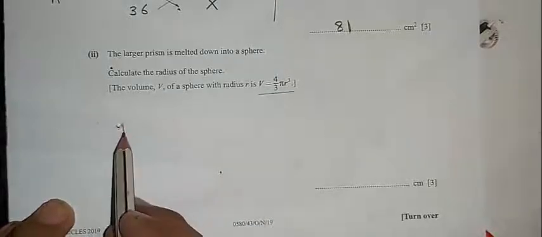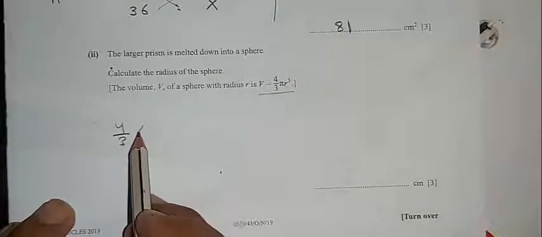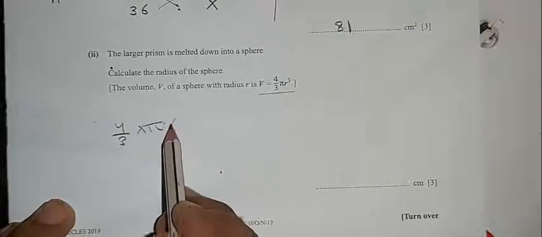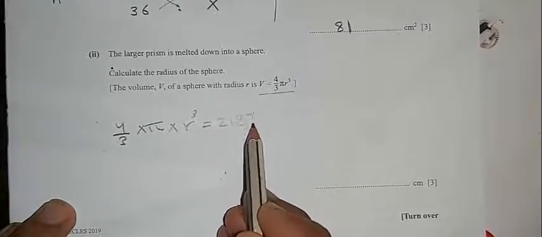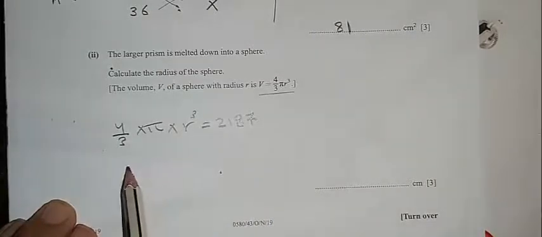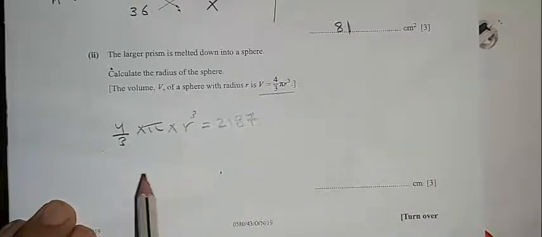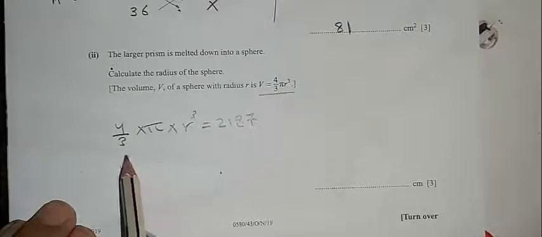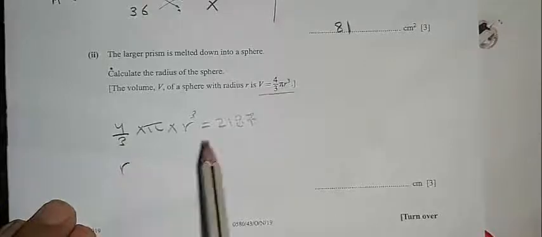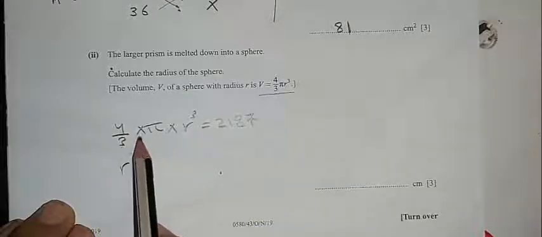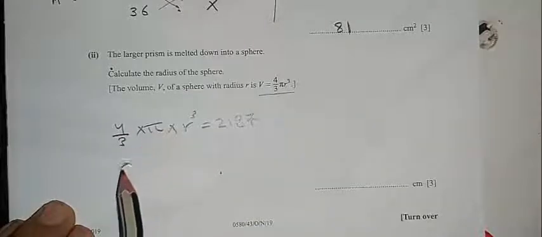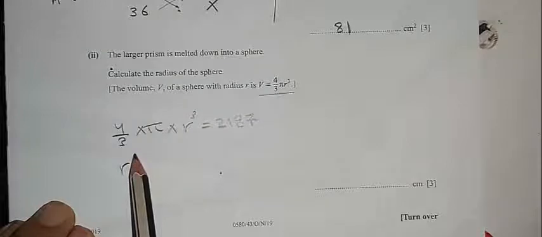So we can write 4 over 3 times pi times r cubed is equal to 2187. So to find r, r to power 3 will be equal to 2187 divided by 4/3 times pi.